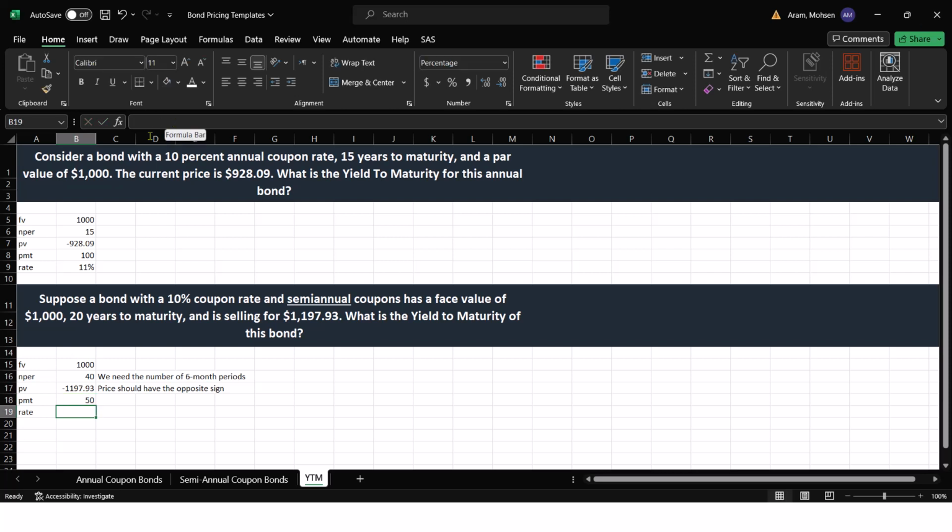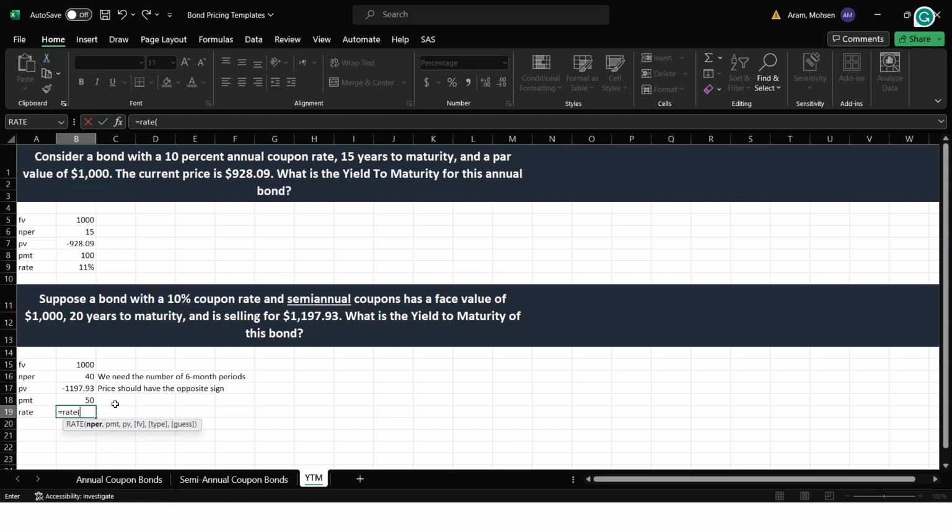So you have $50 every 6 months. So we find the rate. Number of periods is 40. Payment is 50. Present value is price here.